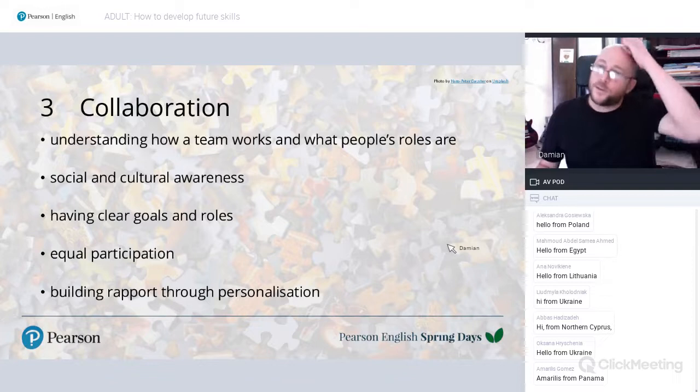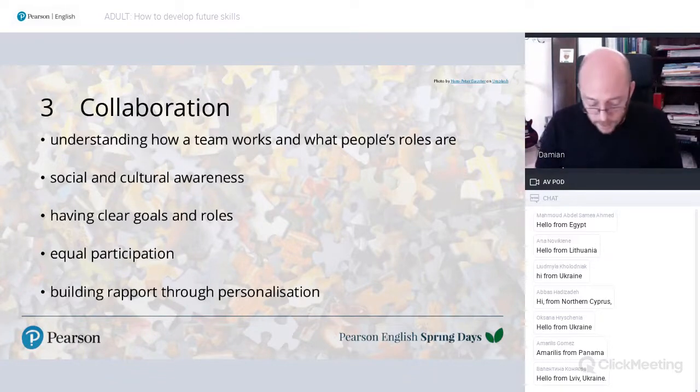Okay, the next future skill that we highlighted was collaboration. And I think this is something that is very familiar to us as language teachers and that we try to organise as much as we can in language lessons. There are several elements to this. There's understanding how a team works and what people's roles are.